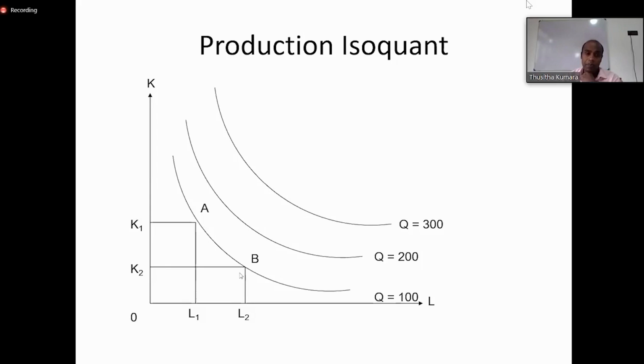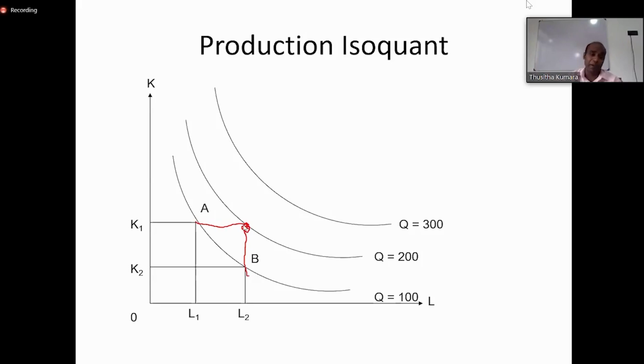If you keep the capital fixed at K1, but increase labor from L1 to L2, then you can get into a new equilibrium.